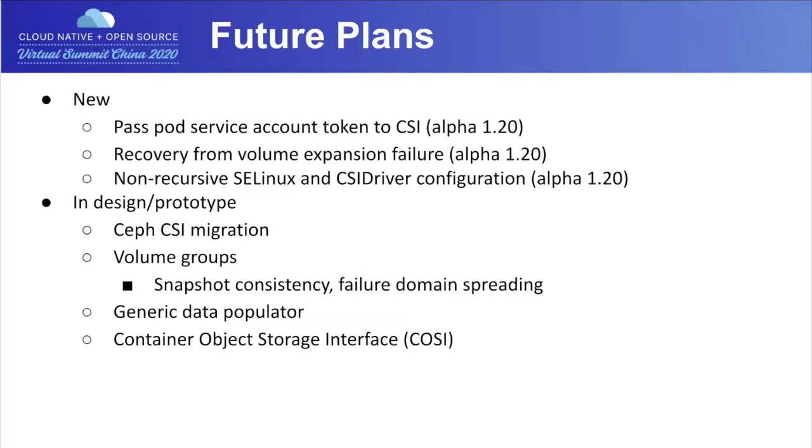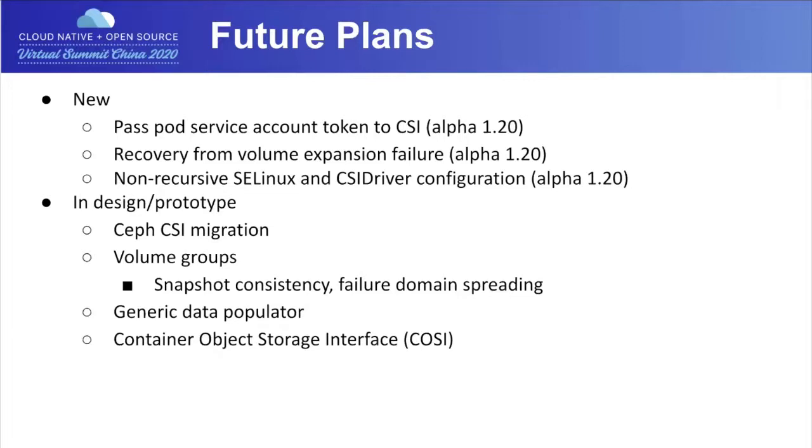There are also a few features that have been in design or been prototyped. The first one is a SAF CSI migration that is being designed. The second one is volume groups.